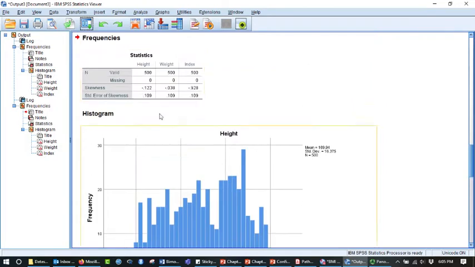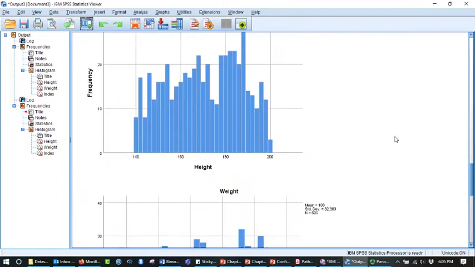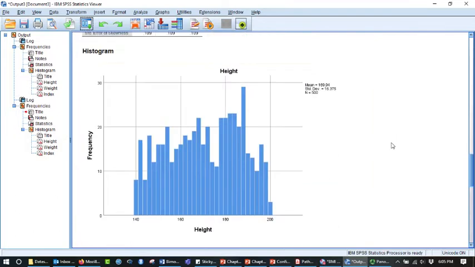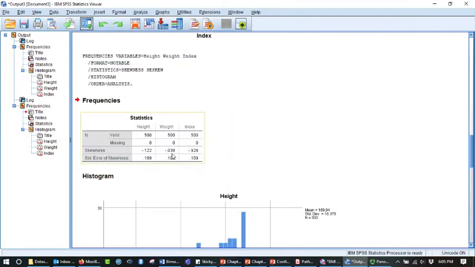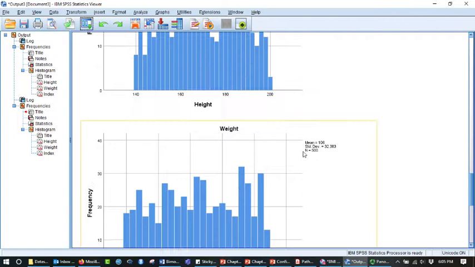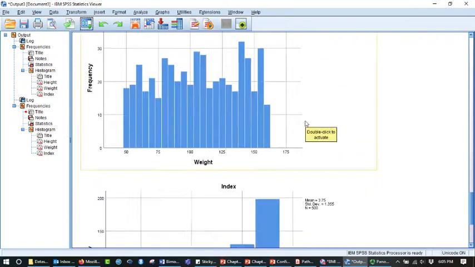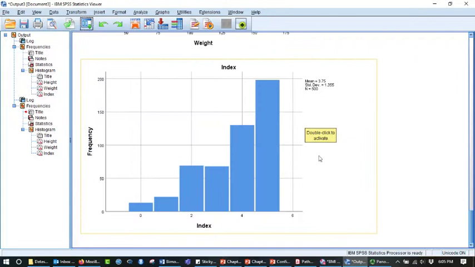Height is just barely negatively skewed, probably because of this one tall bar here. Weight is even less negatively skewed. It's more of a uniform distribution, but because of these slightly taller ones. And index is definitely negatively skewed. You can see, there it is.